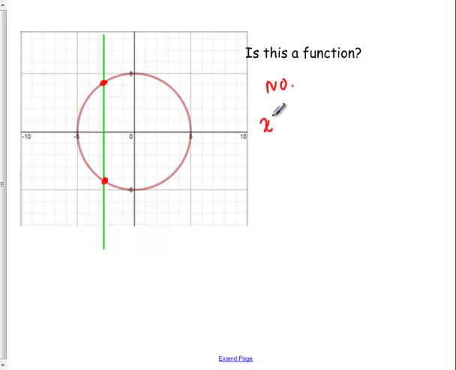And you probably learned in algebra the formula for a circle is x squared plus y squared equals r squared when it's at the origin, and (x minus h) squared plus (y minus k) squared equals r squared when it's not at the origin. We're going to do circles more, but right now all you had to come up with is, no, this is not a function.